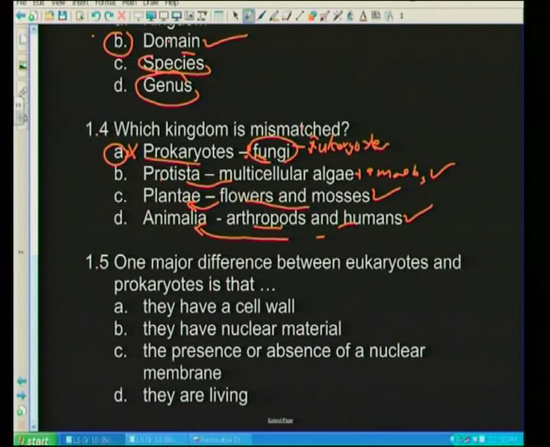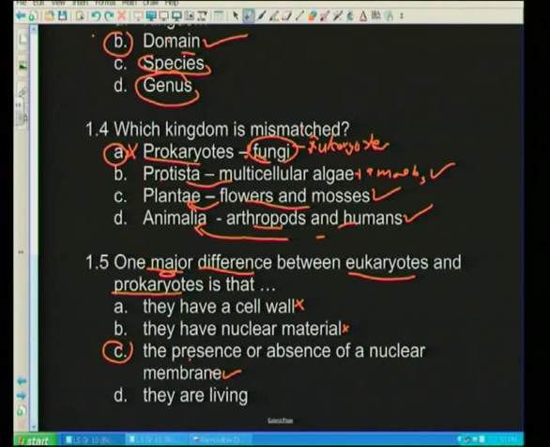Let's look at 1.5. One major difference between a eukaryote and a prokaryote is that they have a cell wall. Even eukaryotes and prokaryotes have a cell wall, so that one's out. They have nuclear material. All organisms have a nuclear material. They are all living, but the presence or absence of a nuclear membrane is the one that determines whether an organism is eukaryotic or prokaryotic.